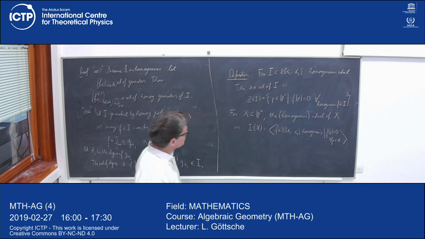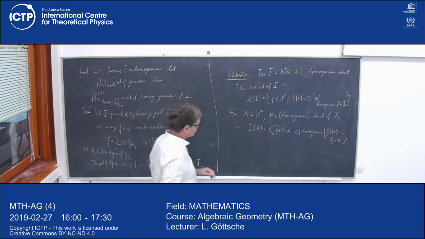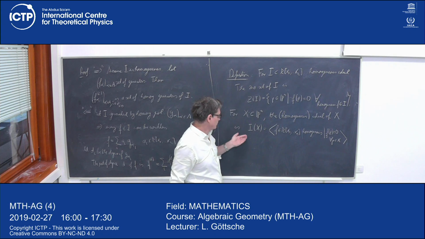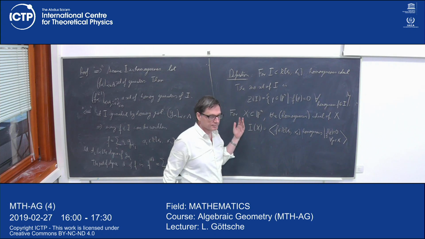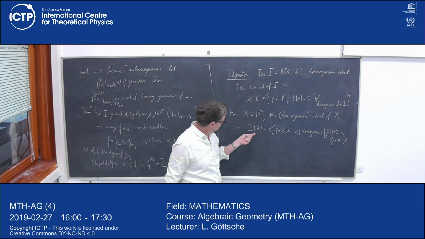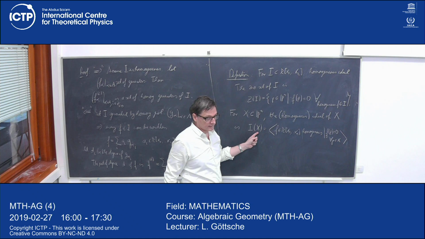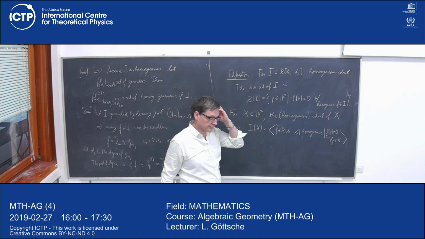Sometimes we again want to consider something as lying both in affine space and projective space. So we might sometimes want to distinguish between the homogeneous ideal and the ideal without this.